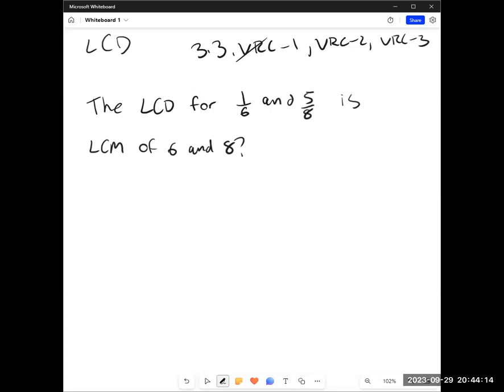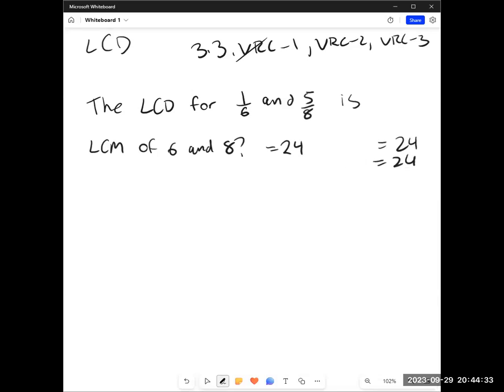So the least common multiple for them is going to be 24, because 6 times 4 is 24 and 8 times 3 is 24.